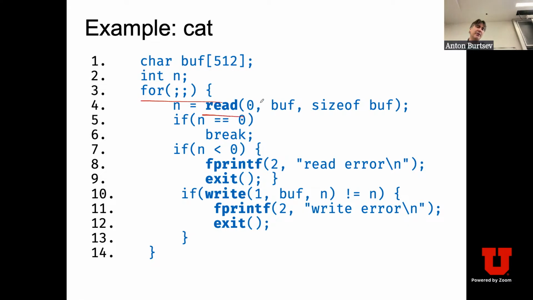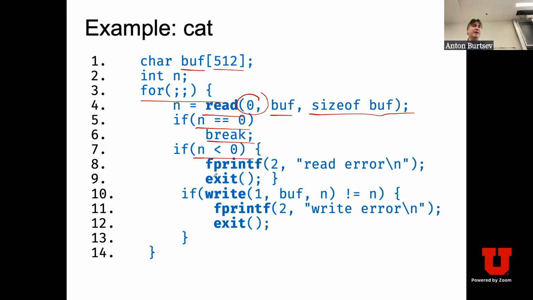I will be reading from standard input, file descriptor 0. I will be using some internal buffer of 512 bytes, which is buffer here and a size of buff. And if I read nothing, then I will break out of this loop and exit.